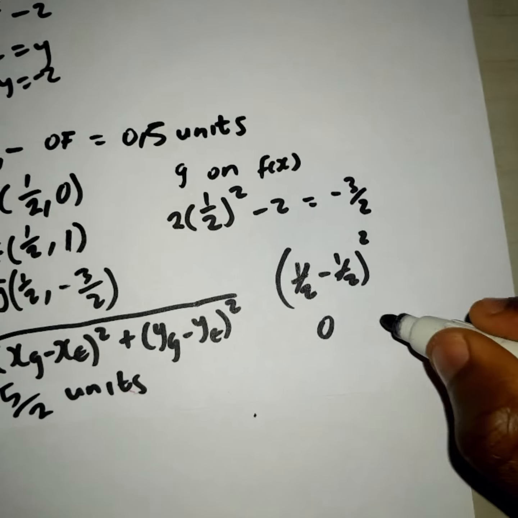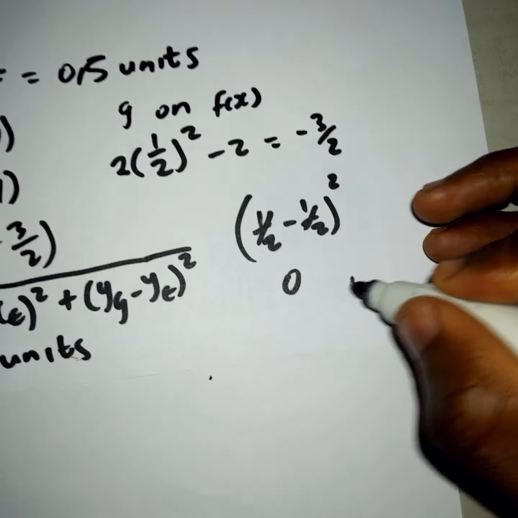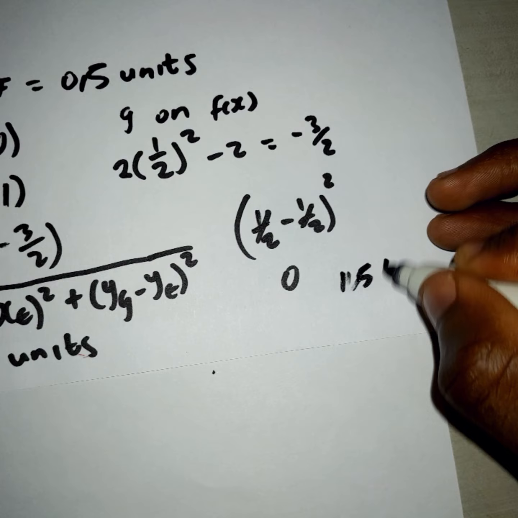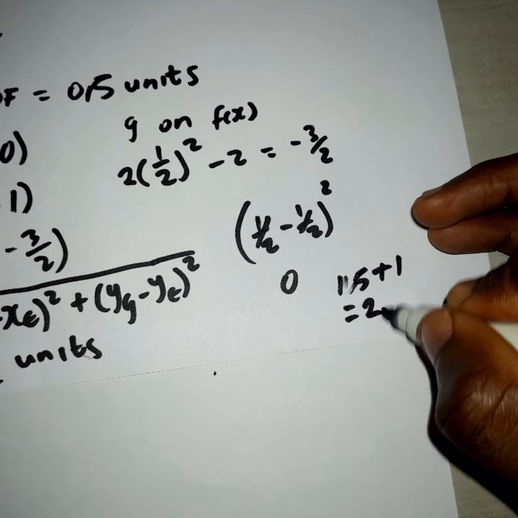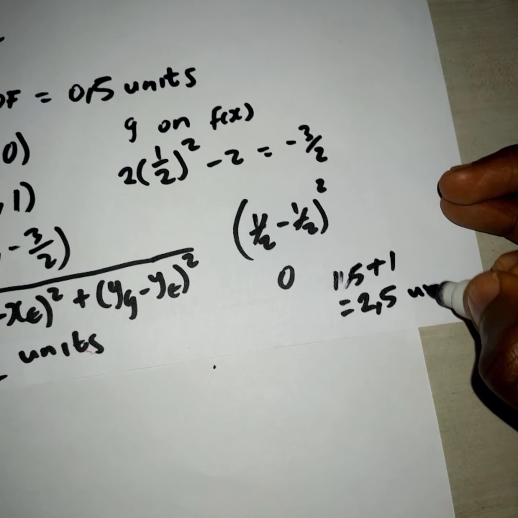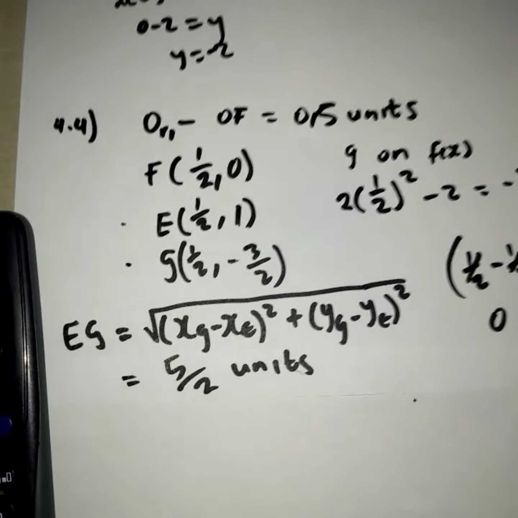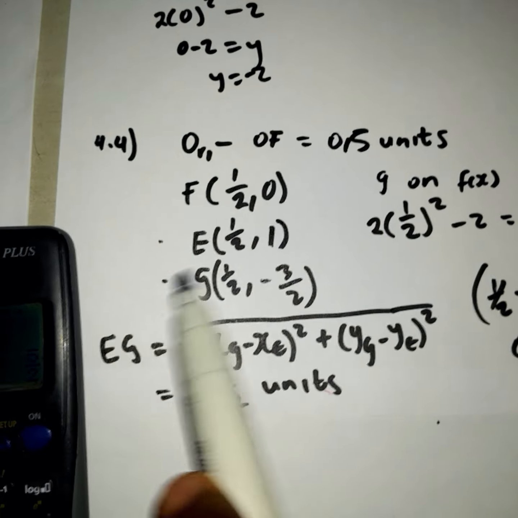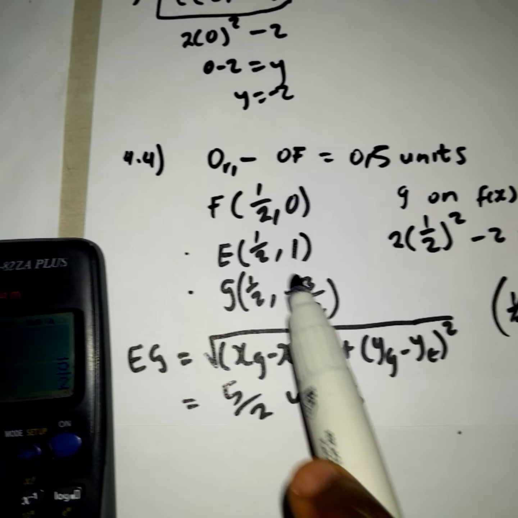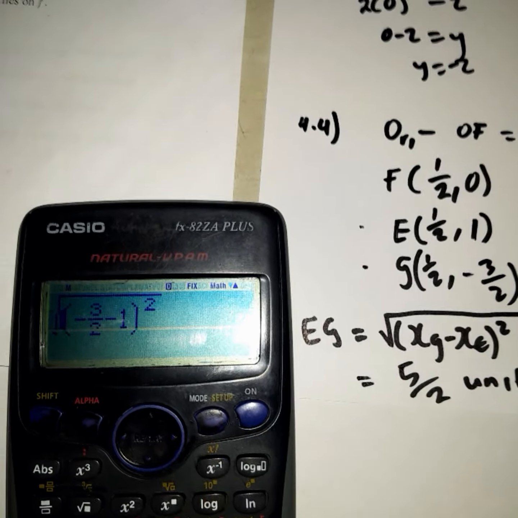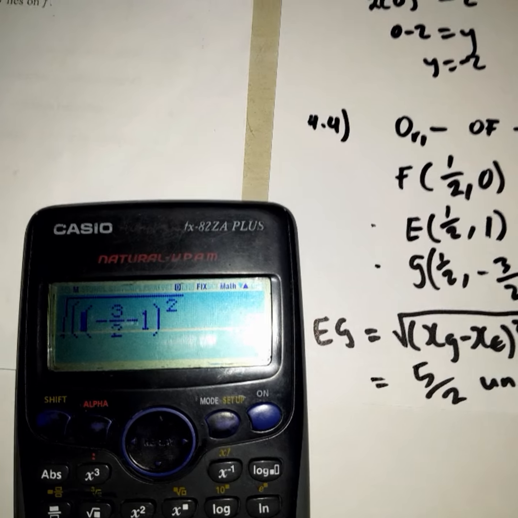So basically here we would have done this. It's more or less the same: 1,5 plus 1, the answer we find is 2,5 units. So the only thing that was important here is finding these coordinates. Let me do this also.